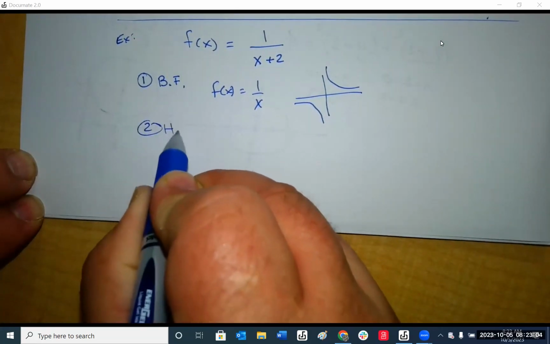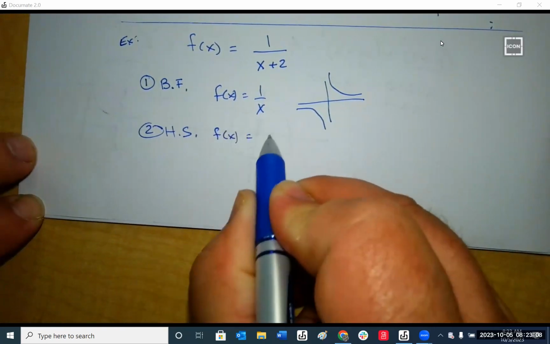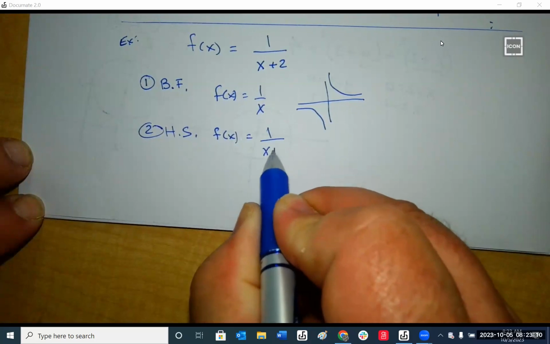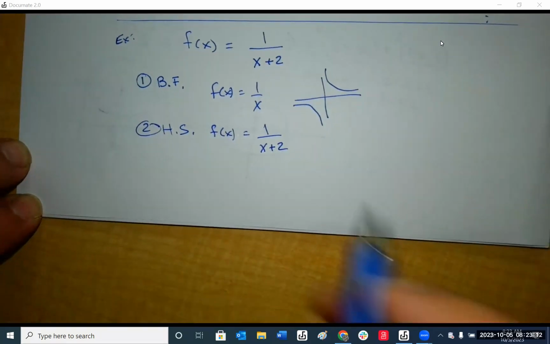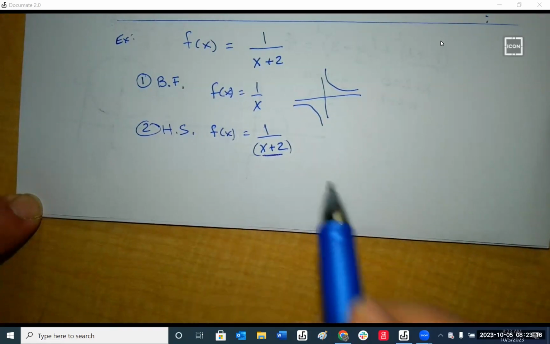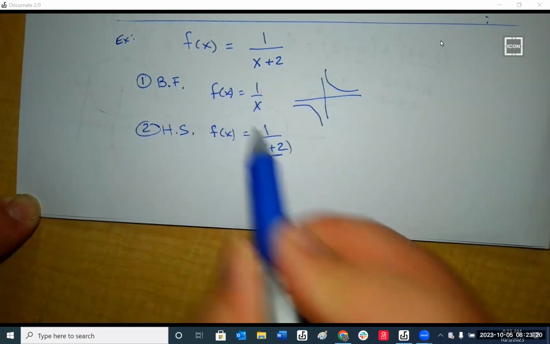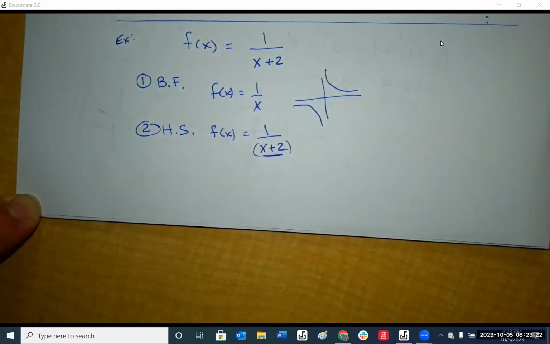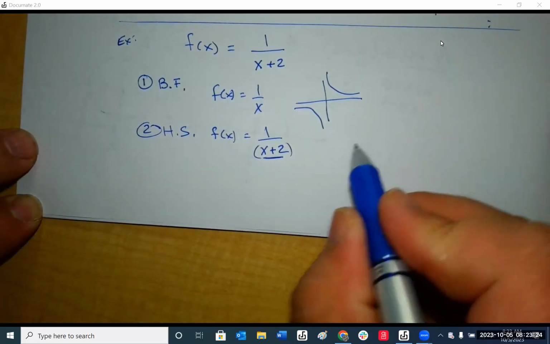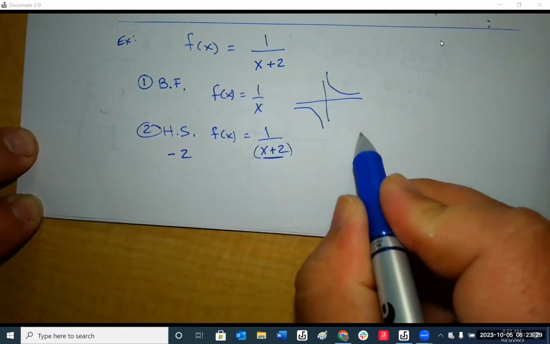Is there a horizontal shift? Which direction? How far? Very good. Because the change happens here. Why is this a horizontal shift? Because I change x before I do the function. So my horizontal shift is to -2.